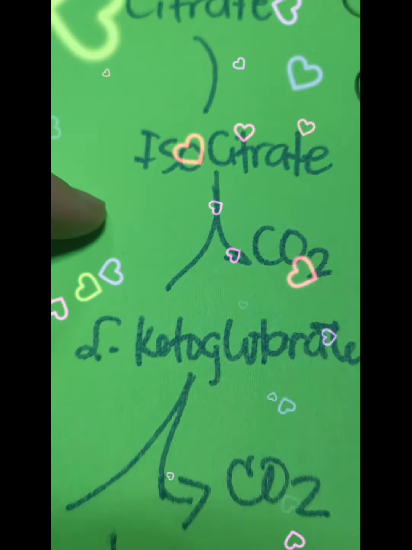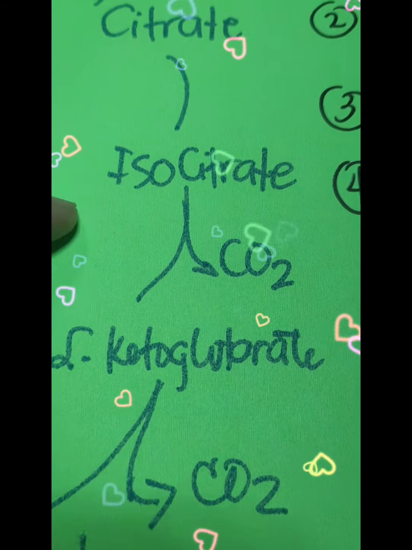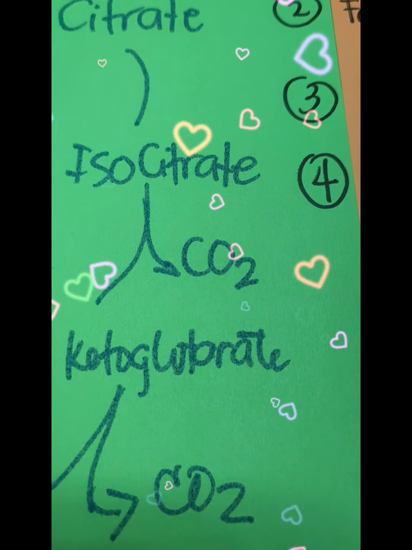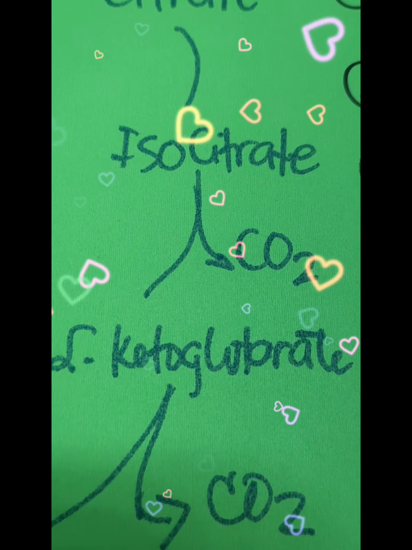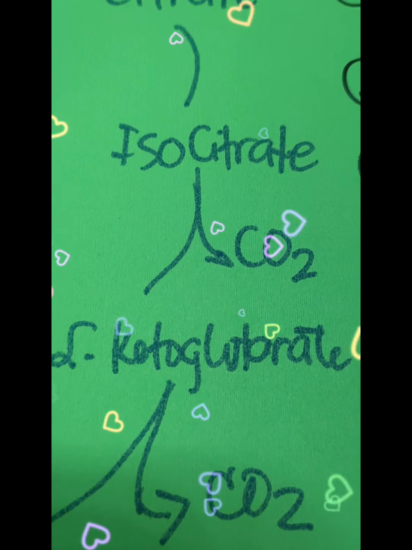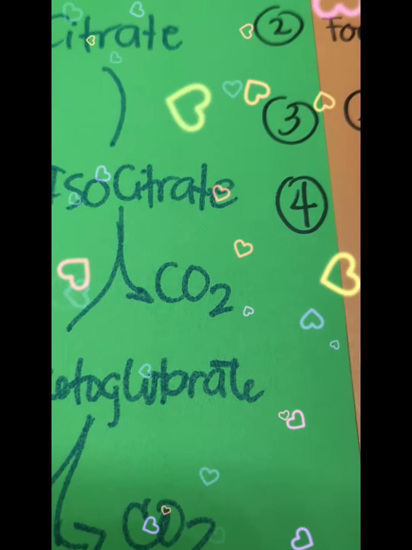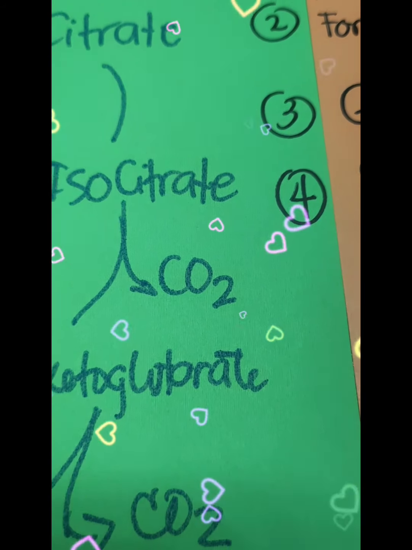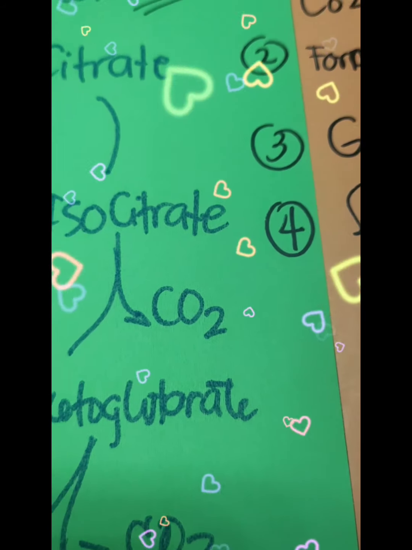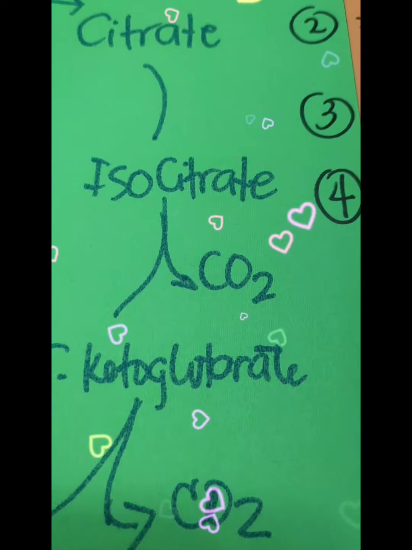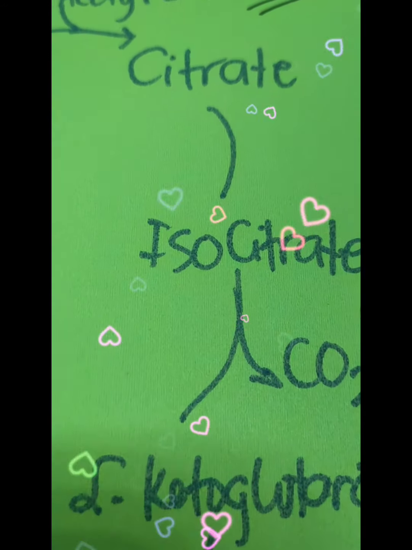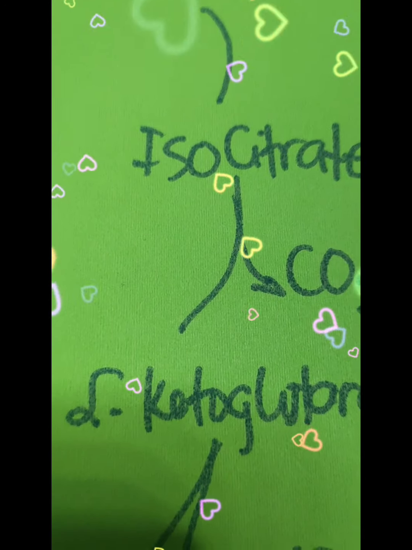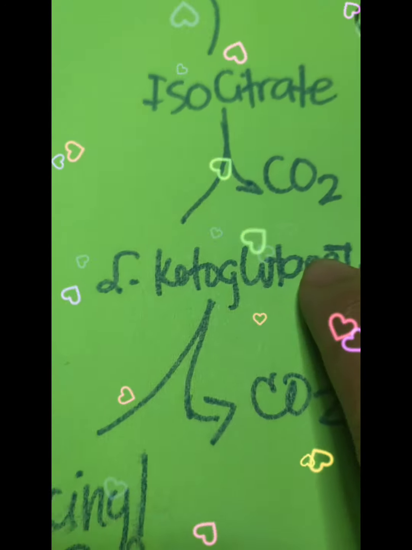Ito po, itong area na to. So, this is oxidative decarboxylation of isocitrate. So, what enzyme catalyzes the reaction is your isocitrate dehydrogenase. On this level, this is the first time that it will create a carbon dioxide. Okay? Also, the product is your alpha ketoglutarate.